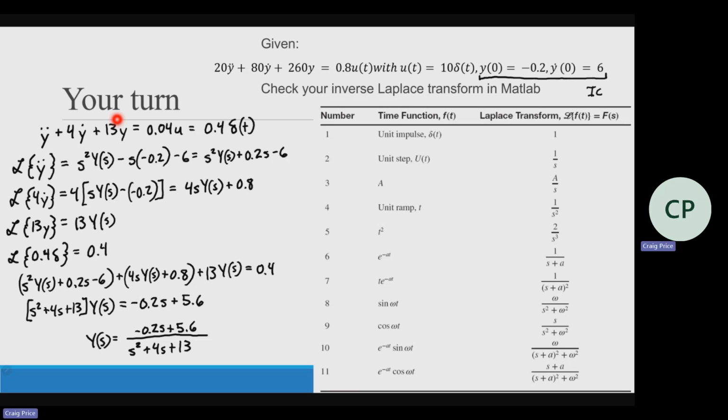Let's see, if you're bringing this over to the other side, that should be a negative 0.2s. And then this is going to be together negative 5.2. So you're going to add it to that side instead of subtract.